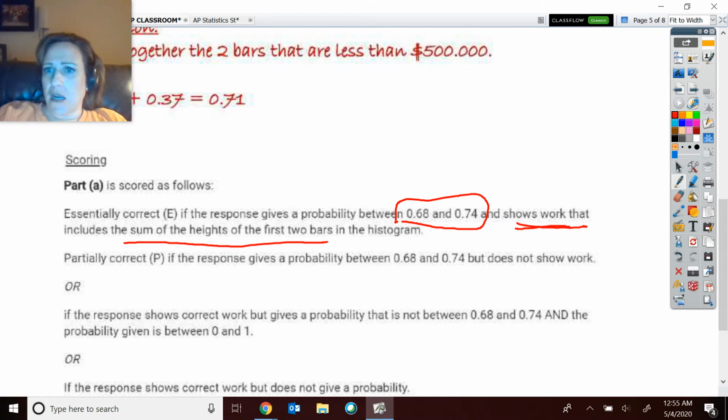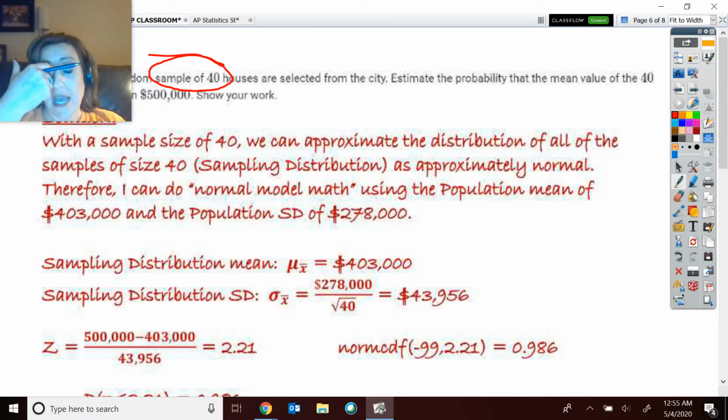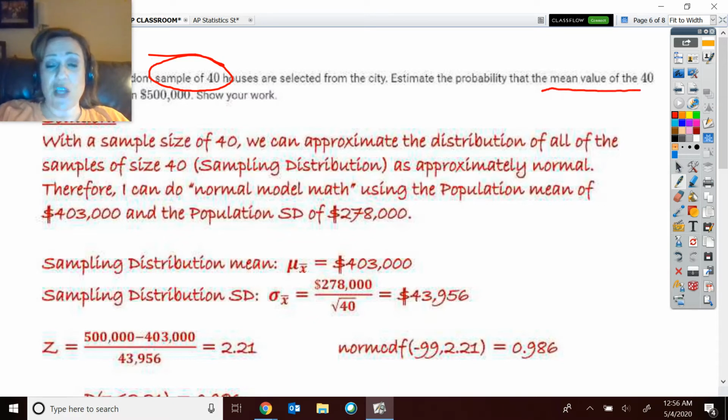Okay, next. Now look here. Now we have a sample of 40 houses. See? We have to keep those items straight. If we have that sample of 40 houses, what's the probability that the average of those 40 houses will be less than 500,000?